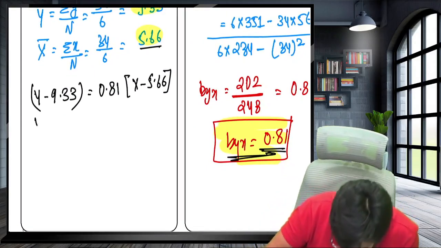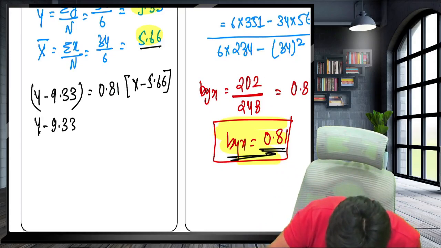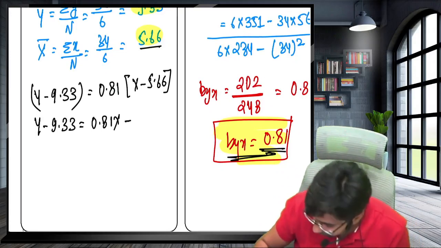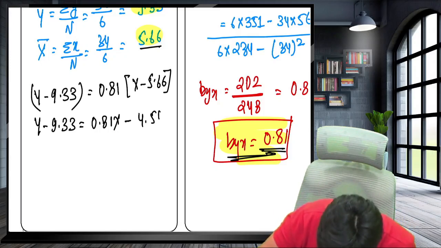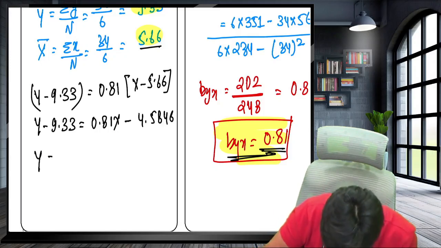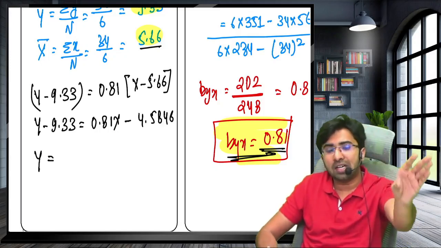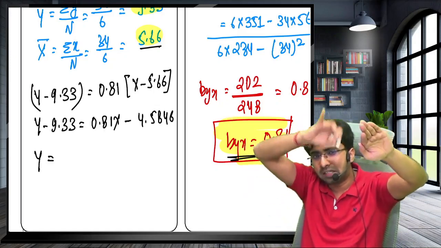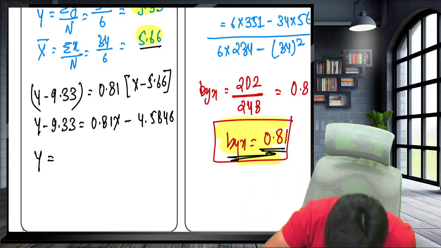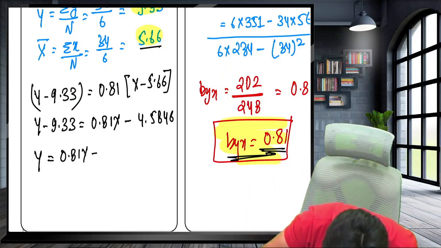Now let's solve: y minus 9.33 is equal to, let's open the bracket, 0.81x minus 0.81 into 5.66. This is minus 4.5846. Let's make y on one side. Why am I keeping y on one side? Because I have to present y on x. So I will keep y on one side and send the remaining to the other. Let's send the constant over there: plus 9.33.